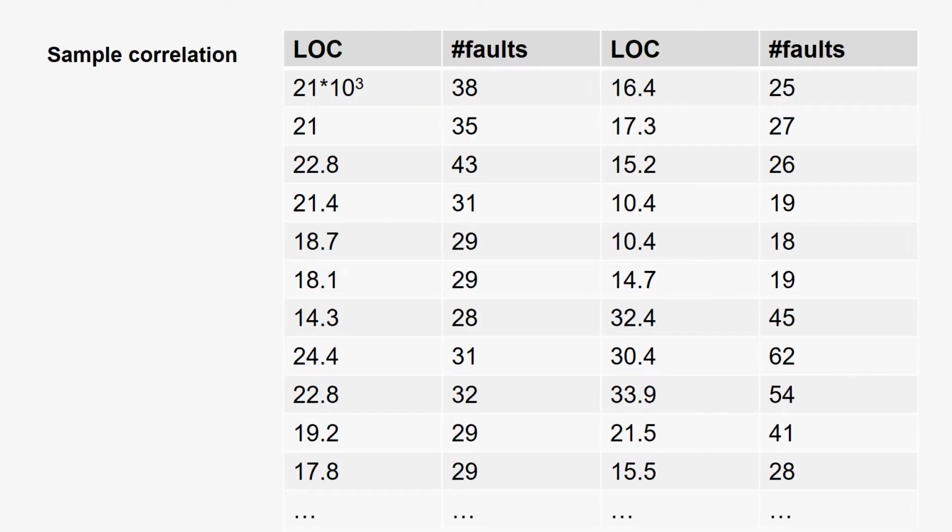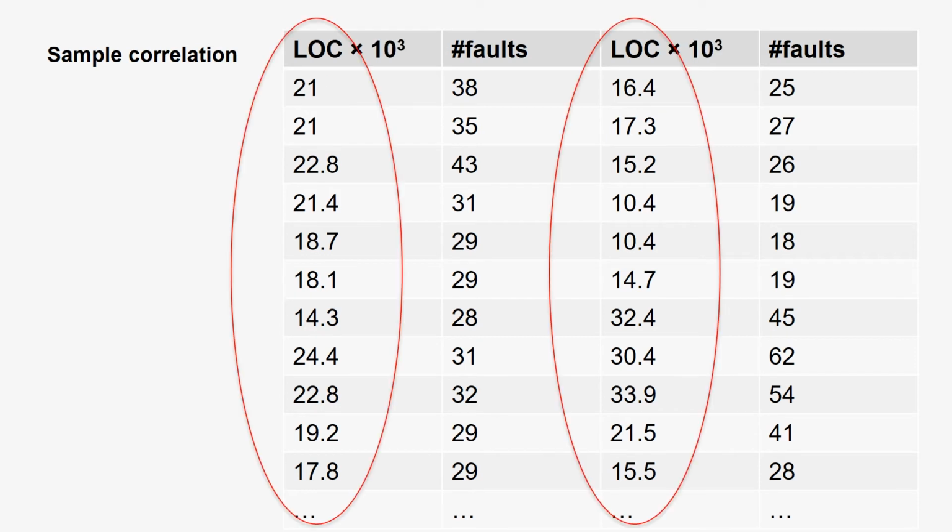We will now end this video by talking about sample correlation and the issue of causation. We are often concerned with datasets that consist of pairs of values that have some type of relationship to each other. Have a look at this table. Columns 1 and 3 list the number of lines of code a class or a module has.